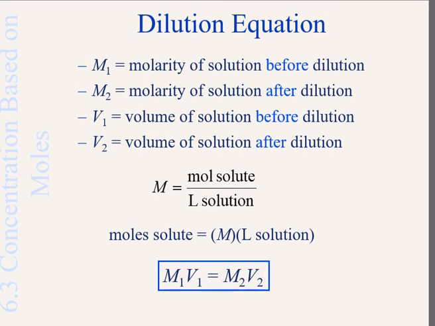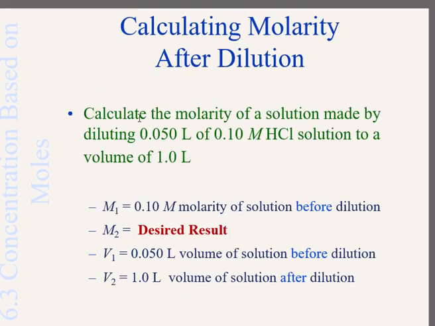Let's have a look at a problem. Calculate the molarity of a solution made by diluting 0.050 liters of 0.10 molar HCl solution to a volume of 1.0 liter. Now this is not a difficult problem, but the challenge is that we know M1 is the molarity of the stock solution and M2 will be the molarity of the resulting desired solution, our dilute solution.